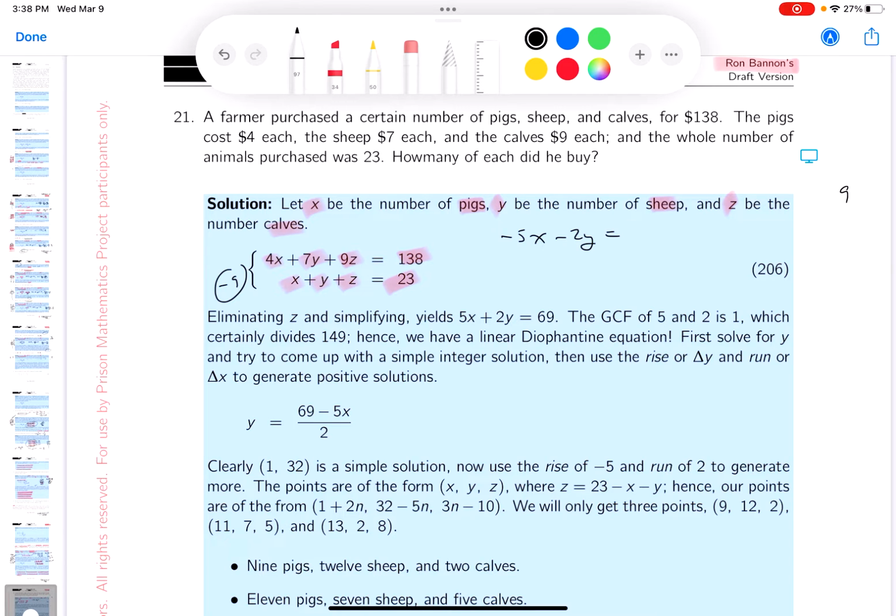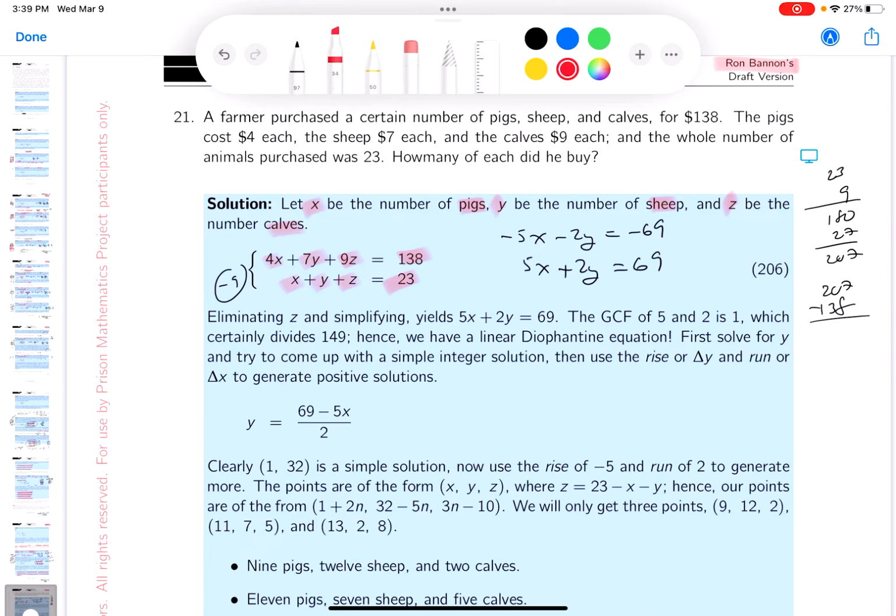So 9 times 23 is 180 and 27. That's 207. And I'm going to do 207 minus 138. That's going to be minus 69. I don't like that. They're negative numbers. I'll multiply both sides by minus 1. You get 5x plus 2y is equal to 69.